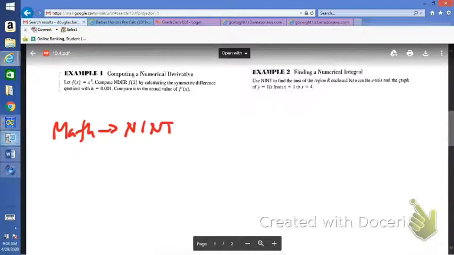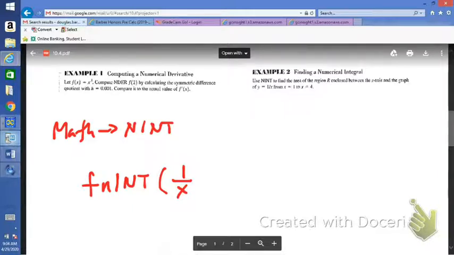Alright, and then what shows up is this. Okay, and what you're going to have to do is you're going to have to put the function in first, 1 divided by x, and you're going to have to remember this order.